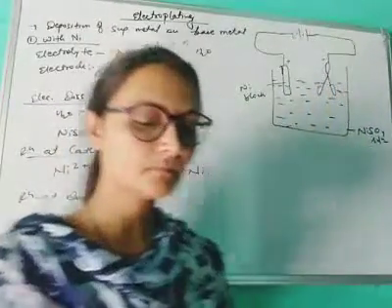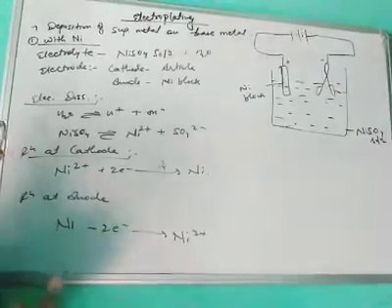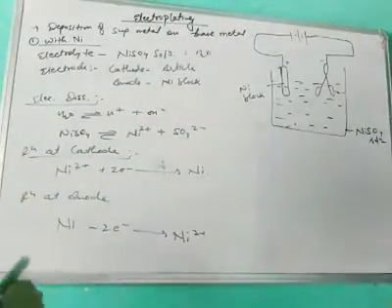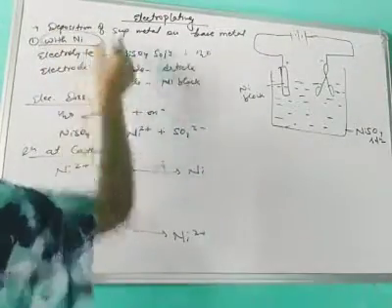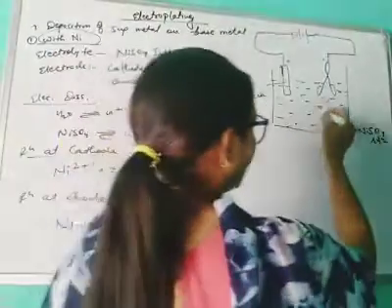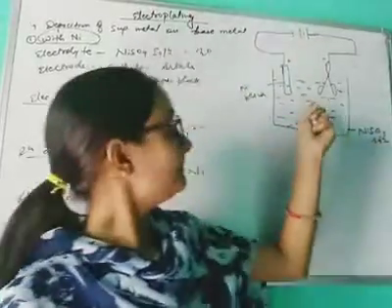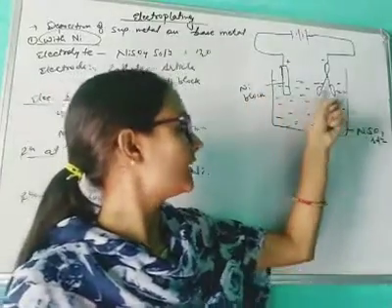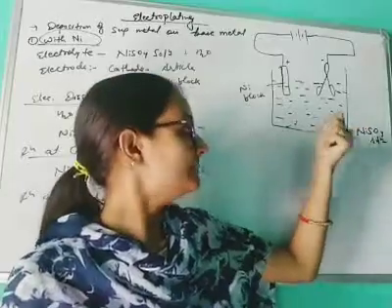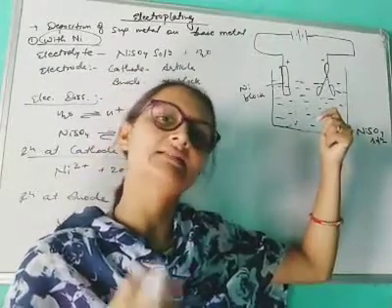So how does this process occur? We are going to do nickel plating on this scissor. In the electrolytic solution we have to use NiSO4, the same metal which we are going to plate. The same solution we will take as electrolyte.